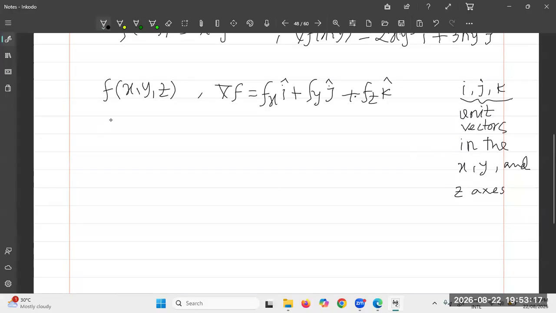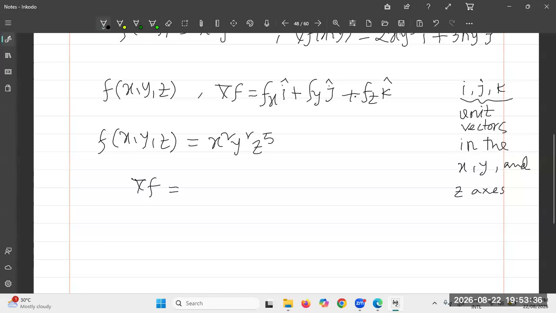Okay, so for any three variable function, let's say we have a function of three variables, x square y square z to the power 5. So the gradient for this function is just differentiating with respect to x and multiplying with the unit vector in the direction of i.